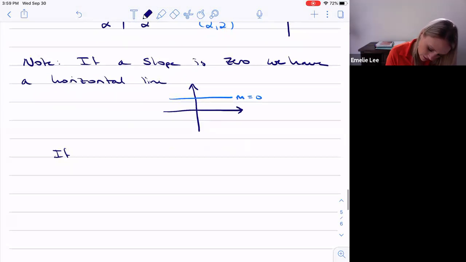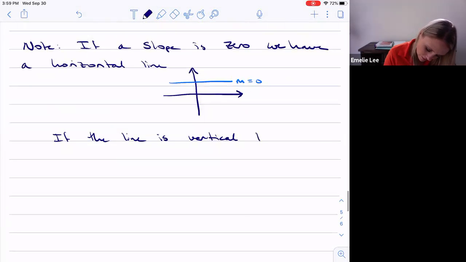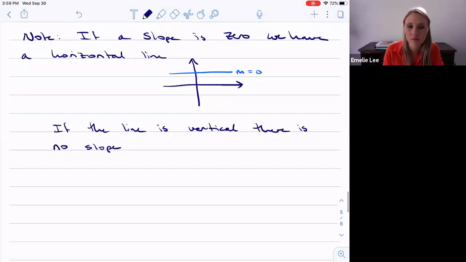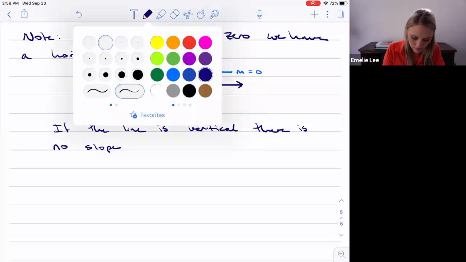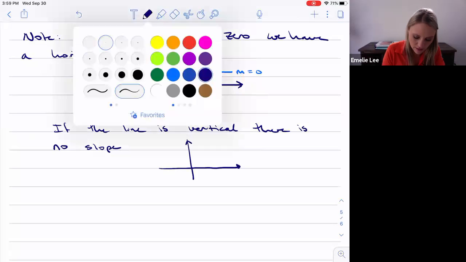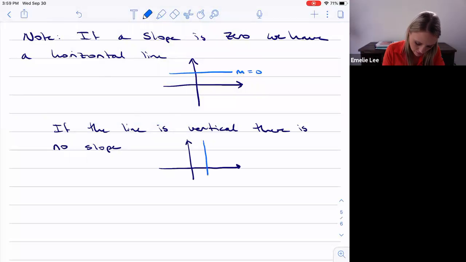And if the line is vertical, there is no slope because we can't divide by 0. That line can still exist though.